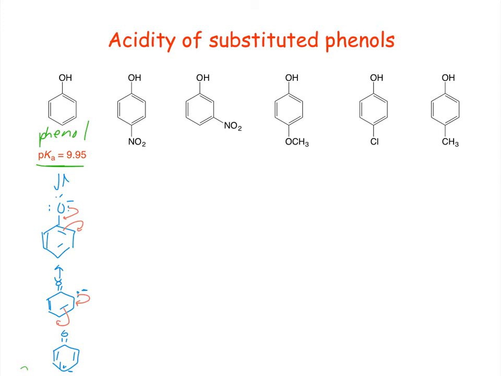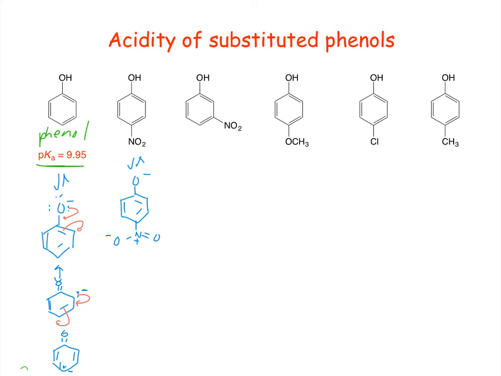All right, so what do you think if we have a para-nitro group? So let's draw its conjugate base. We'll draw the whole nitro group out. Minus, plus.